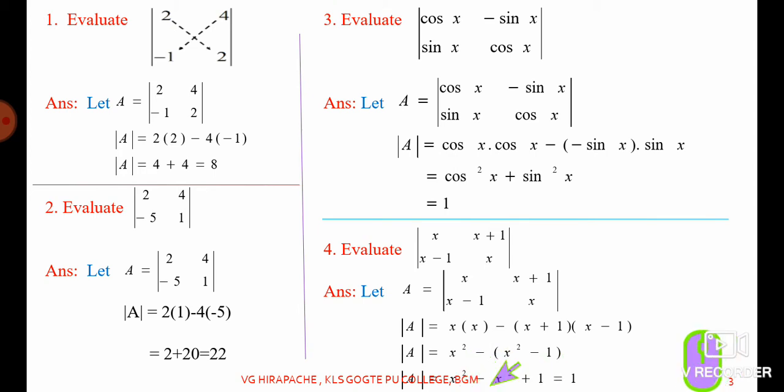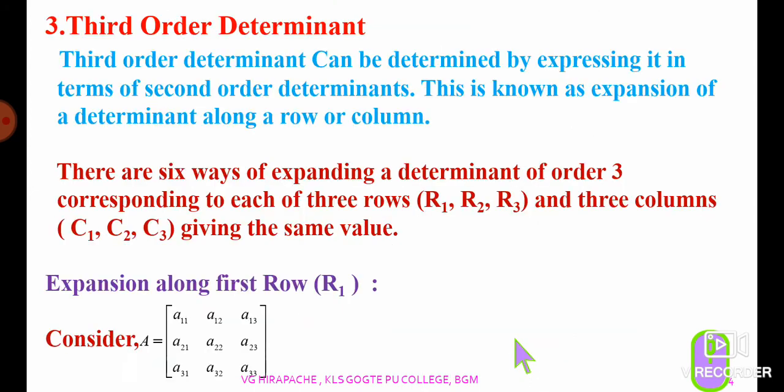Therefore x square as it is. Let me open this bracket x square minus 1 with a negative sign. We will get the second term minus x square. Minus into minus is plus 1. Therefore plus x square and minus x square get cancelled. We are left with constant 1. Therefore the value of the fourth example, determinant of A, is equal to 1.